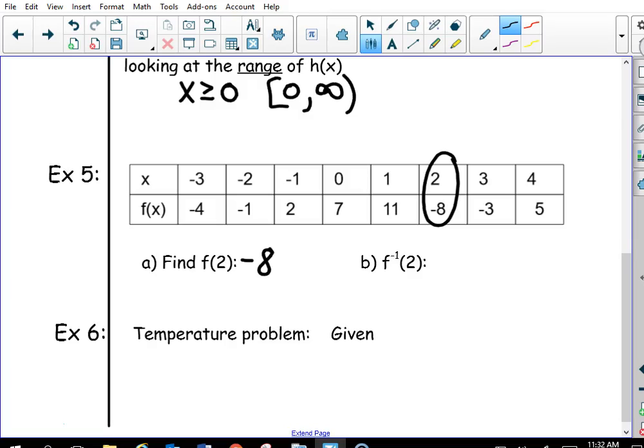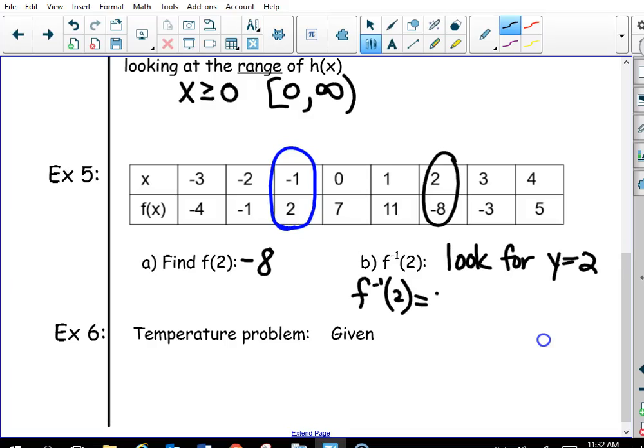So what we're going to do is we need to look for a point where y equals 2. So if you look at all your y values, we get to that one. And because x and y switch on inverses, f to the negative 1 of 2 is going to be the x value that's given in that point.